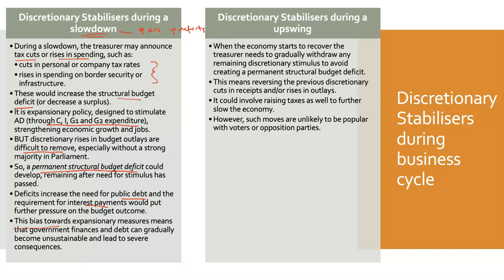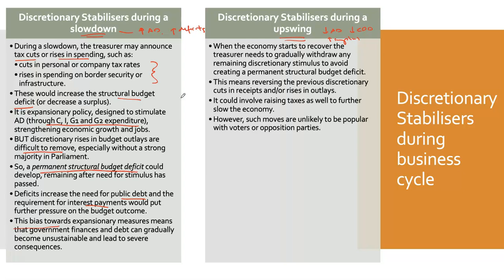Now, even less popular during an upswing is a government making deliberate decisions to reduce aggregate demand, reduce GDP, and hence potentially increase the surplus. So when an economy starts to recover, the Treasurer might do things like gradually withdraw or remove the discretionary stimuluses that were put in during the slowdown.